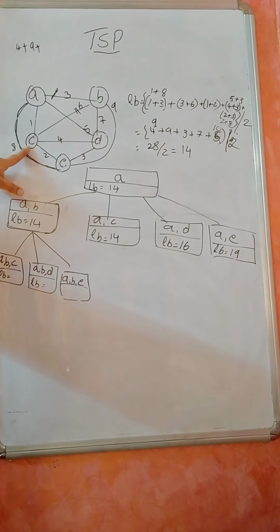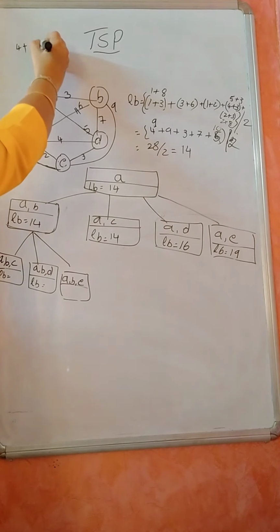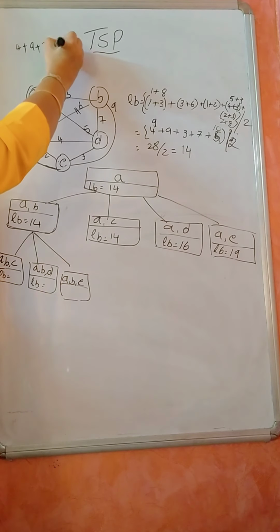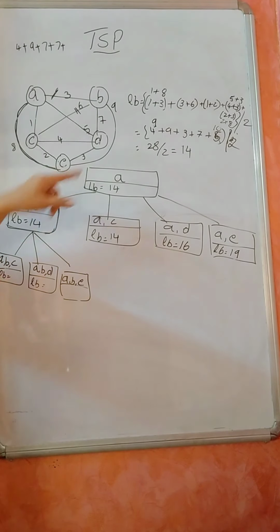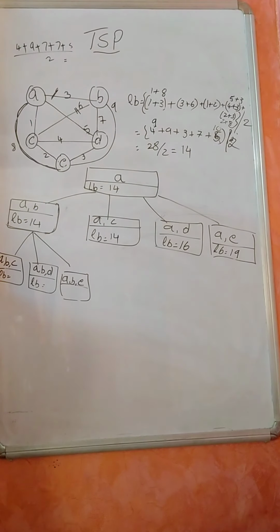Next from C, this is fixed, so 6 plus 1, 7 plus. Now from D it is 4 plus 3, 7 plus, from E 2 plus 3, 5. So divided by 2, how much will you get? It is equal to 16. When I add all of them, I get 16. Calculate it, you will get it.